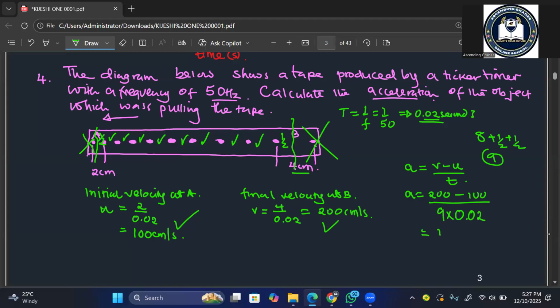And these will give us 100 divided by 0.18, and this will land us to something that is 555.567 meters per second.